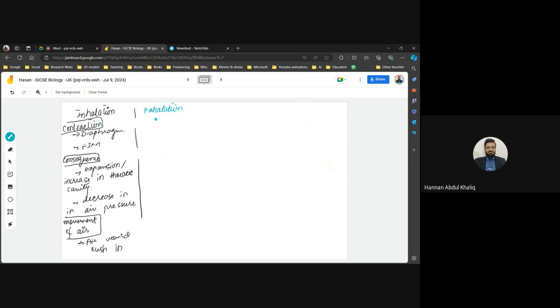Now exact opposite is going to happen. In inhalation, what is going to relax? In exhalation, I'll add a point here: no doubt contraction would happen, but internal intercostal muscles would contract.